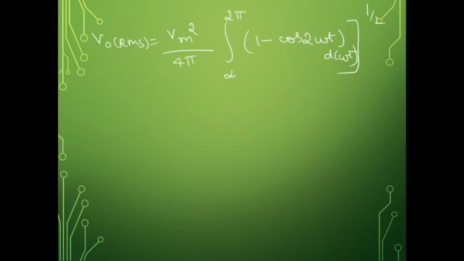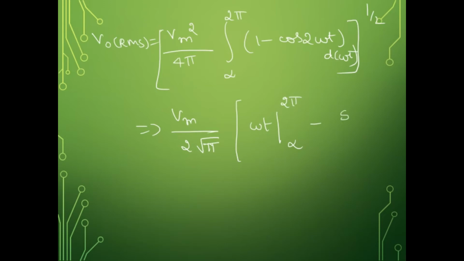If I take the root outside, it becomes Vm by 2 root pi, times the root of the integral of 1 with respect to omega t, which is omega t from alpha to 2 pi, minus the integral of cos 2 omega t, which is sine 2 omega t by 2 from alpha to 2 pi.